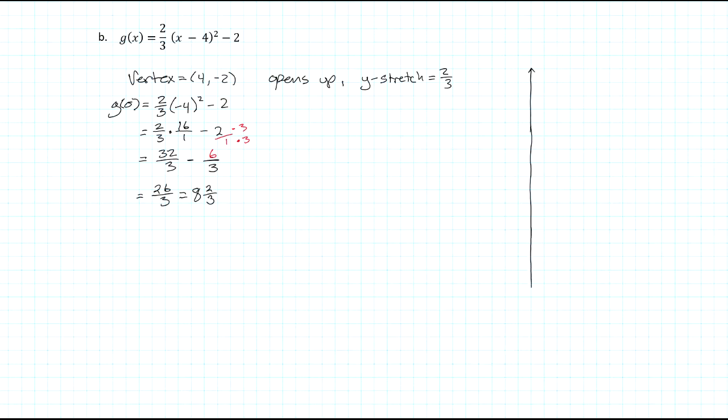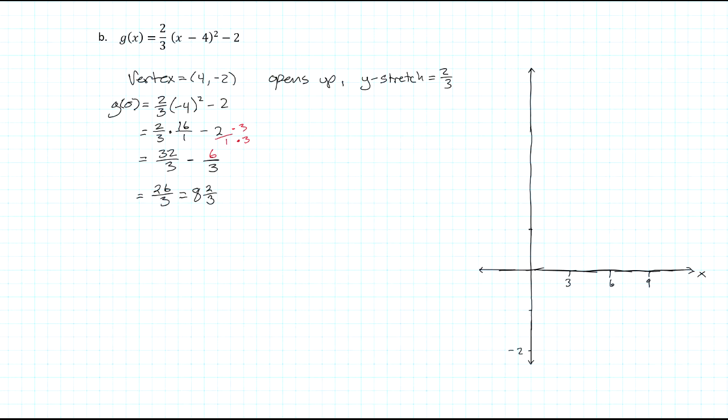Let's see. I'll make this pretty big here. Negative 2. All right, so if I just do 1s in the x direction, but then I'm going to do by 1/3 in the y direction.